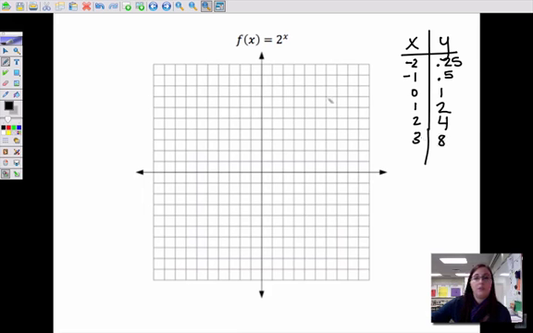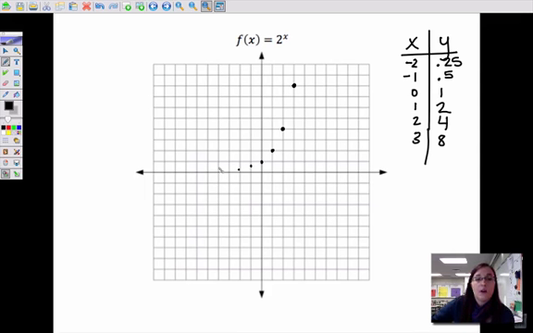So we can graph a couple of these points. Here's 3, 8. Here's 2, 4. Here's 1, 2. 0, 1. Negative 1, 0.5. Negative 2, 0.25, and so on.